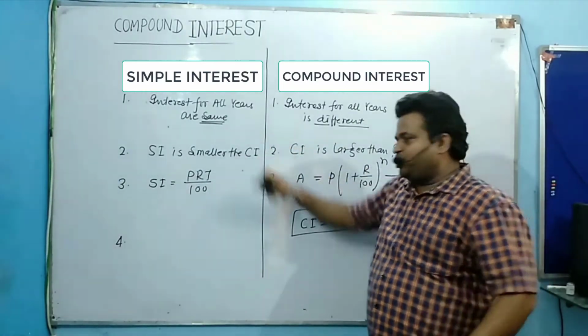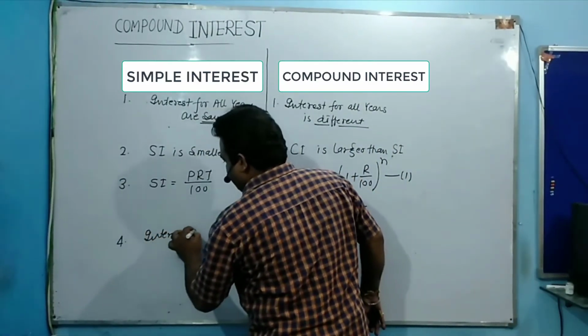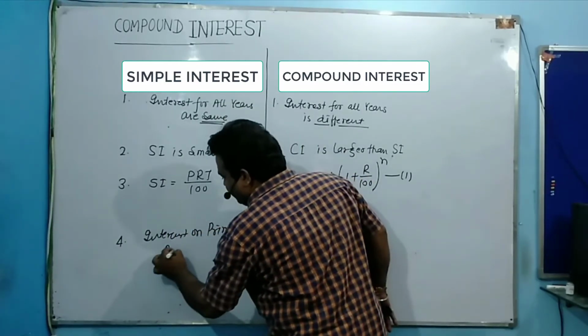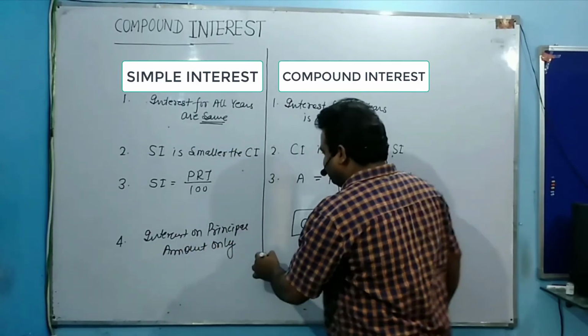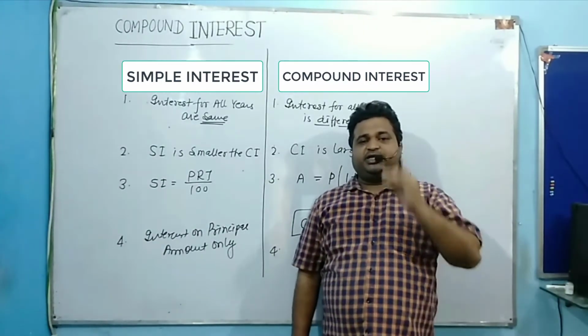Now, the fourth difference. Simple interest is interest on the principal amount only. Whereas compound interest is interest on interest.